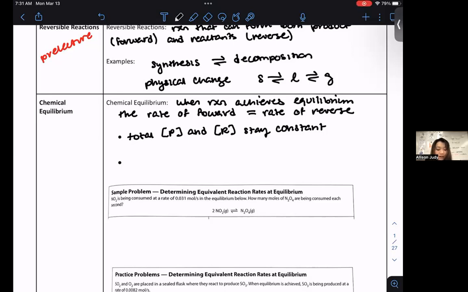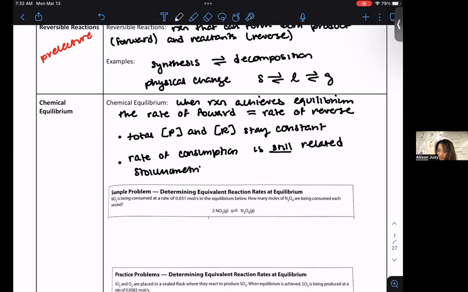All right. Another great way to know if you're in chemical equilibrium is, actually, no, that's actually the main way. Sorry, that's the main way. I'll get into other ways in a little bit. But one other thing you should know about chemical equilibrium is that the rate of consumption or use of reactant is still related stoichiometrically to the rate of production.